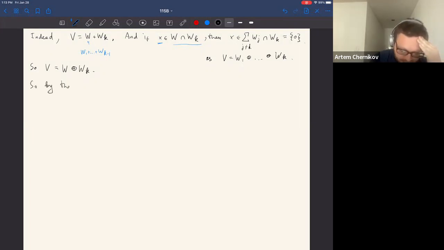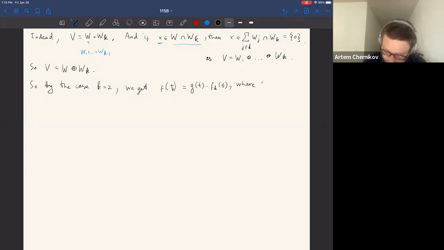So by the case k equals 2, we get that the characteristic polynomial of T, so f of T, can be written as the product g of T times, let's say, fk of T, where g of T is the characteristic polynomial of T restricted to W, right?